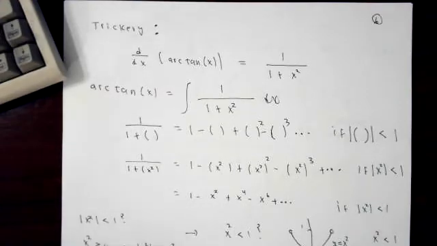The absolute value of x squared less than 1, if you look at the graph of y equal x squared and ask yourself, where is the y coordinate less than 1? That will be from x equals -1 to x equals +1. This is the range of x values for which I'm going to get absolute convergence.